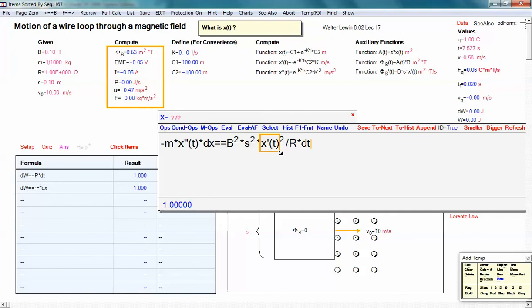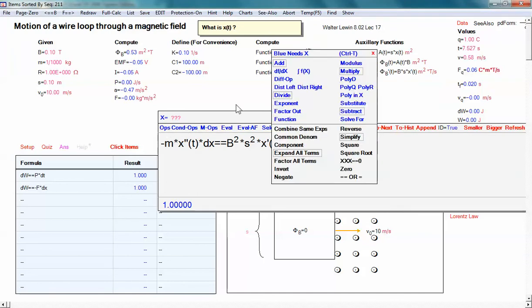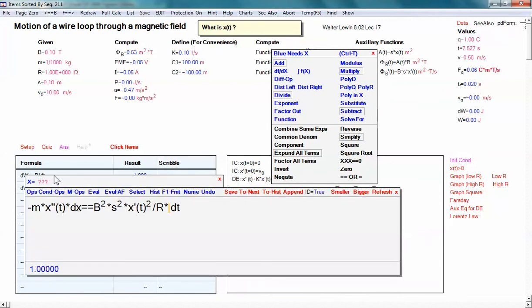All right, now we're almost ready to go. We want a differential equation here. I've got these differentials, dx and dt. Let me get rid of those in the following way. I'm going to take this dt here, I'm going to put it up in my auxiliary slot up here.